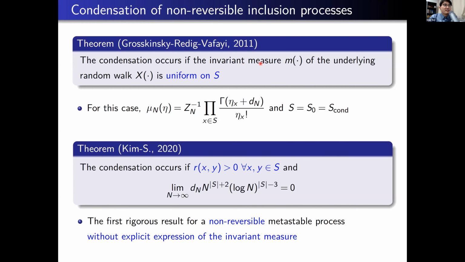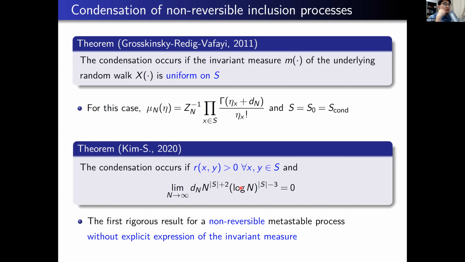The first one is the case where the invariant measure of the underlying random walk is the uniform measure on S. For this case, you can just write down the invariant measure explicitly, so there is no difficulty in showing condensation of particles. So the difficult part is the second one, which we show in this work: condensation occurs if all the rates are positive and d_n decays to 0 sufficiently fast.